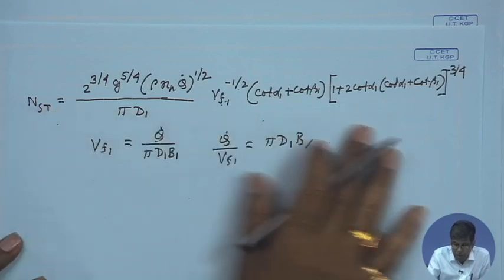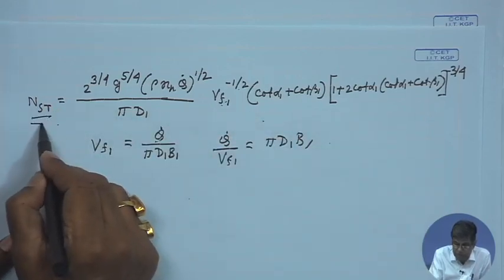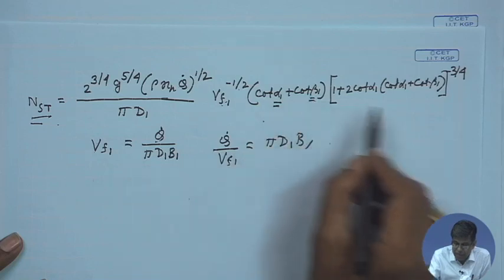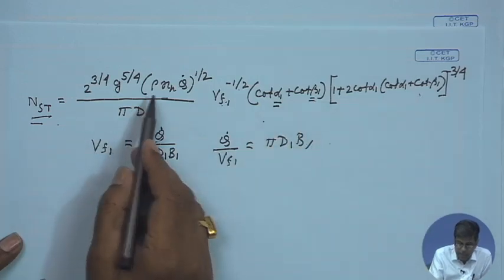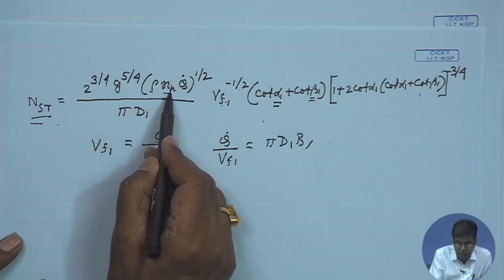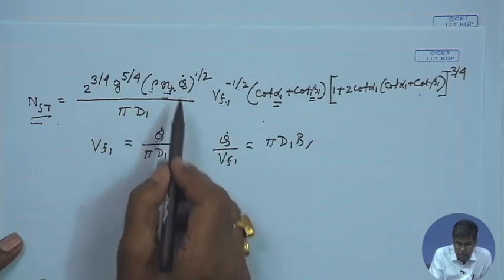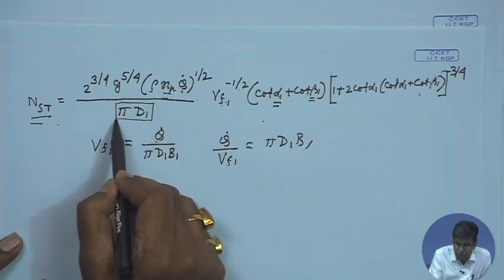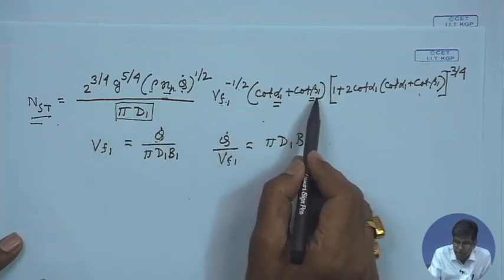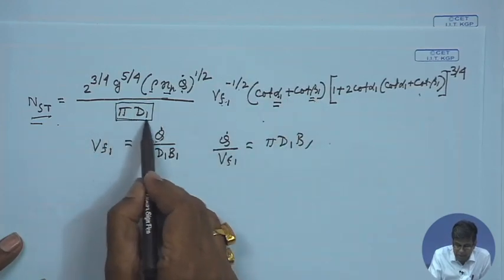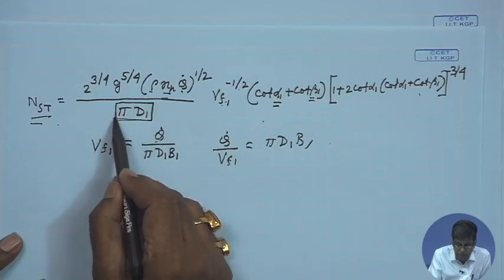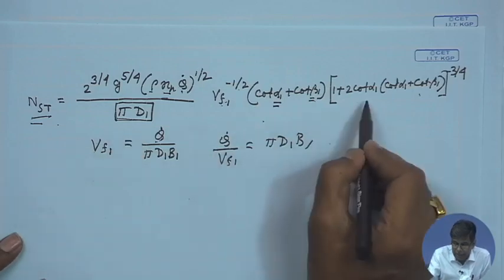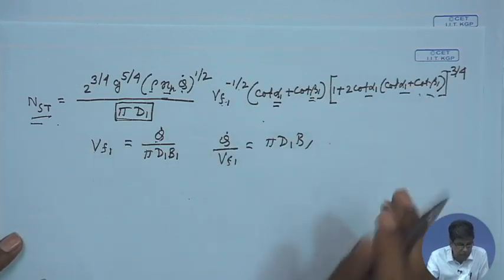So, this way one can express the specific speed in terms of inlet guide vane angles and the inlet blade angles. Usually these things are known: rho, the hydraulic efficiency of the turbine. For a given flow rate, this depends upon the diameter of the rotor and this alpha 1, beta 1. Diameter means diameter of the runner blade at the inlet, alpha 1 and beta 1.